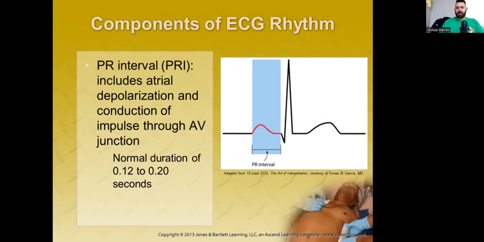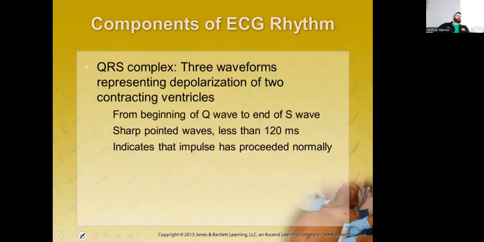So next we'll evaluate the QRS. So the QRS complex represents what, who, when, and why. We're talking about it being the representation of the depolarization of the contracting ventricles. So you must have electricity for the meat to beat. Electricity hits the meat, causes it to expand, contract, and then push blood out.